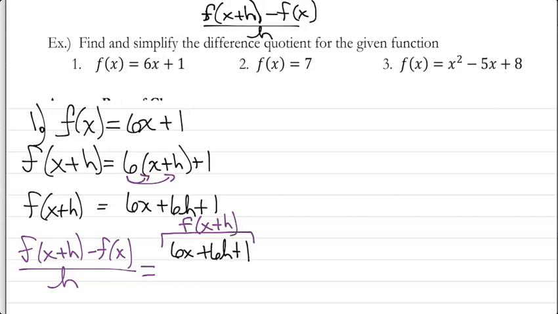Then I'm going to write my minus sign with a big old fat parentheses. And I'm writing a big old fat parentheses because inside that parentheses, I'm going to write the 6x plus 1. Yes, we will need to put parentheses around this.